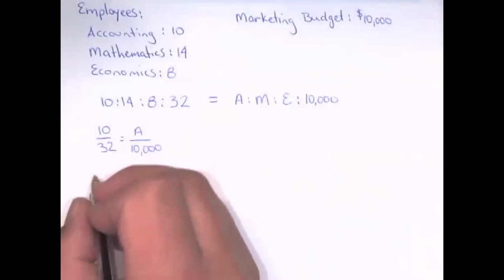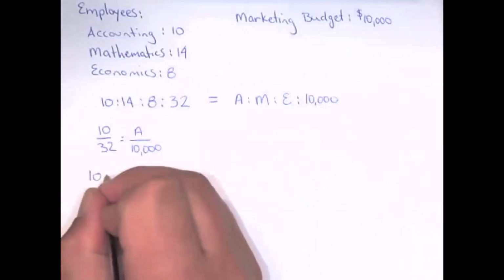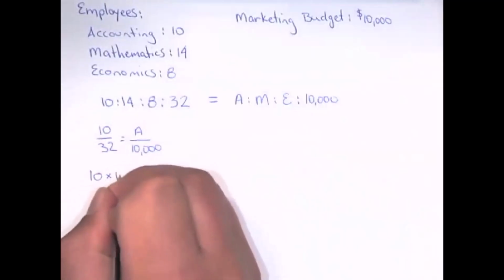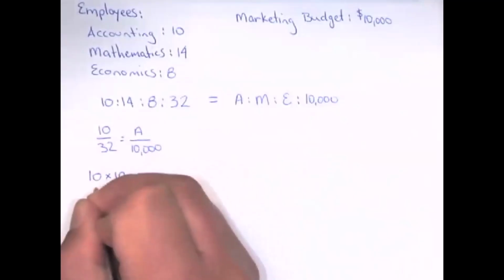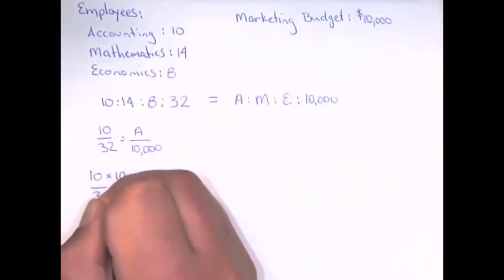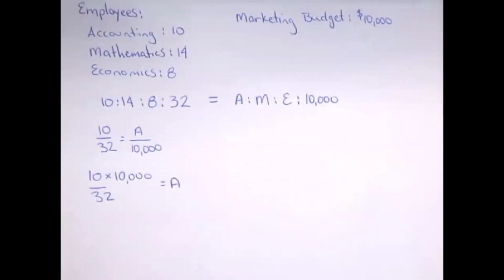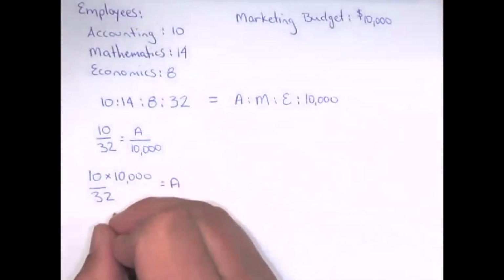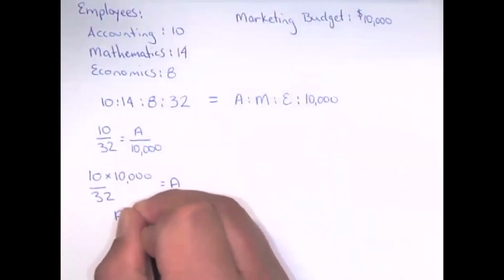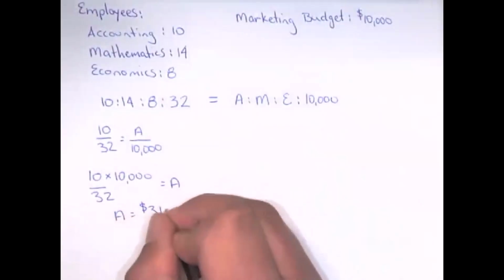We get 10 times 10,000 divided by 32 is equal to A. And so A is going to be 3,125.